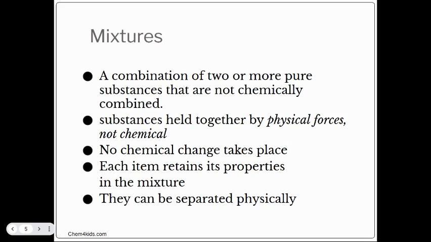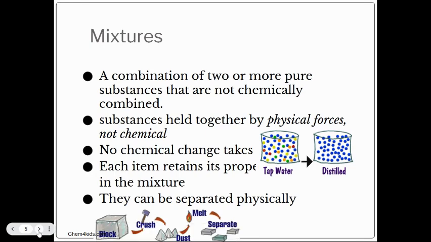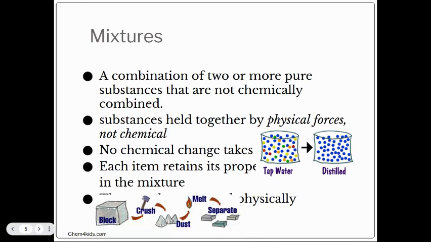And each item in that mixture is going to retain its own properties in the mixture. And of course, you can separate out the components of a mixture. You can do that by either crushing them or melting. There's lots of other ways that you can separate out mixtures.